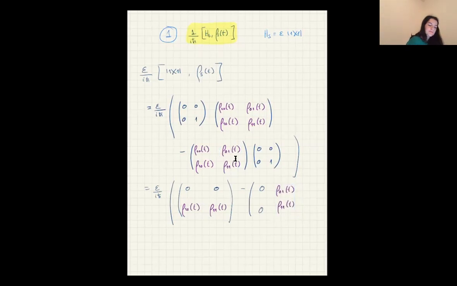And if you're not too sure, you can stop to solve it on your own. So that is epsilon over i hbar. And the matrix you get is 0, 0, and here minus rho_01 of t, and here rho_10 of t. Okay, so this was part number 1.